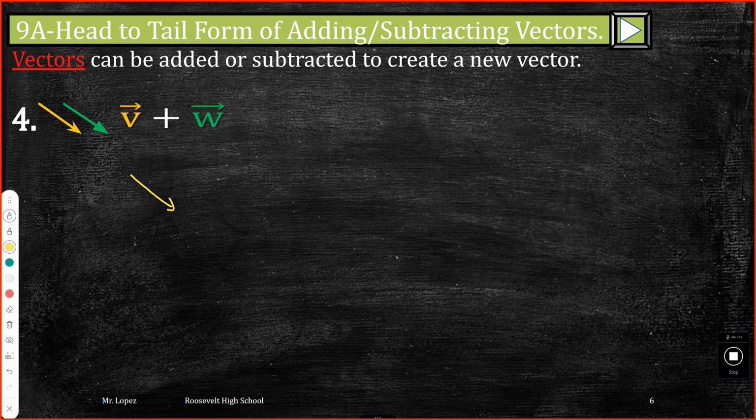And I just grab the green one and put it at the tip of this yellow one. And there's the new vector. That's it. That's V plus W.